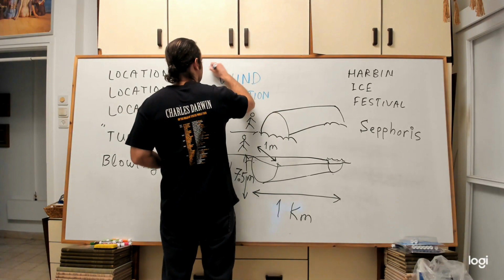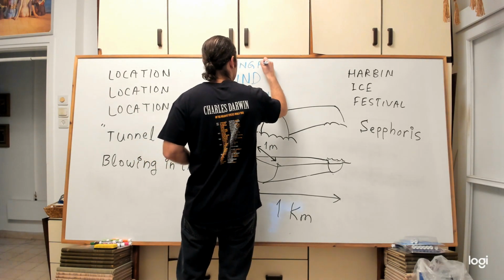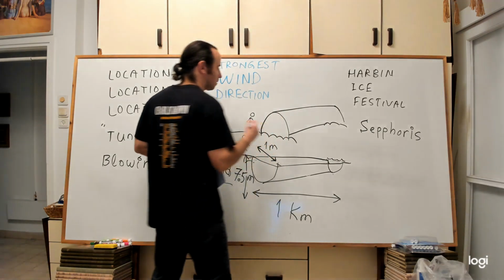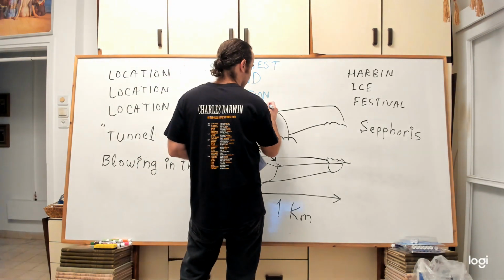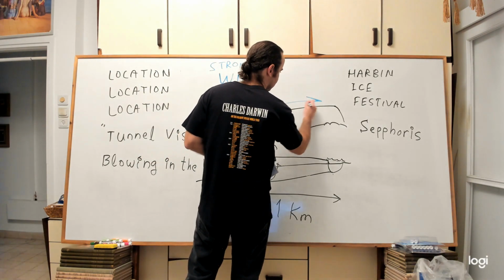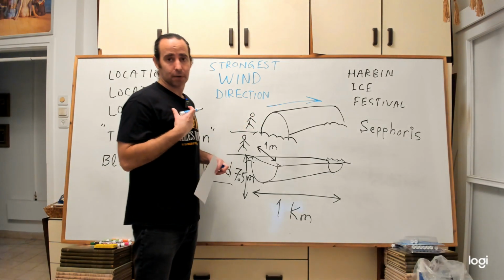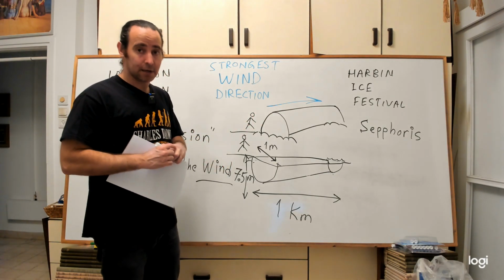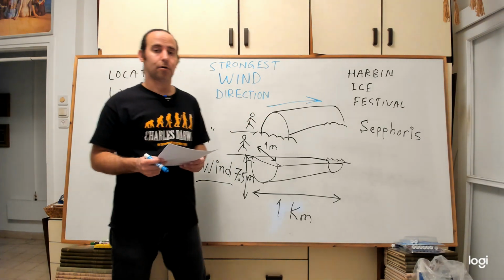Strongest wind direction, and in Antarctica you have the strongest winds, so it's like in this direction. And we dig the tunnel, we choose where we want the tunnel, and we dig it along where the winds are the strongest usually.